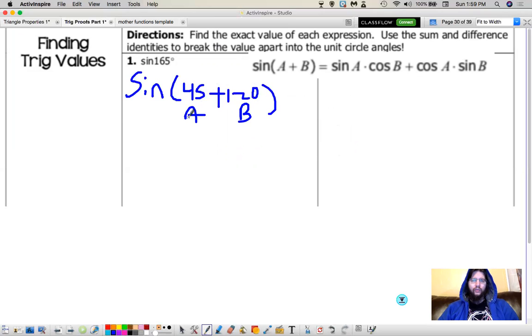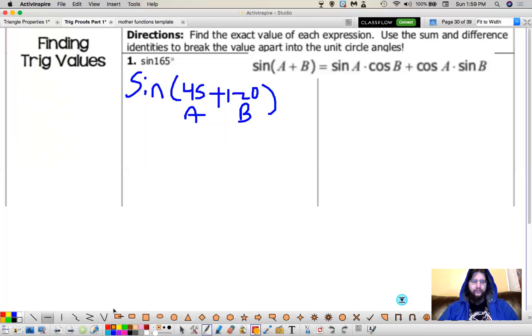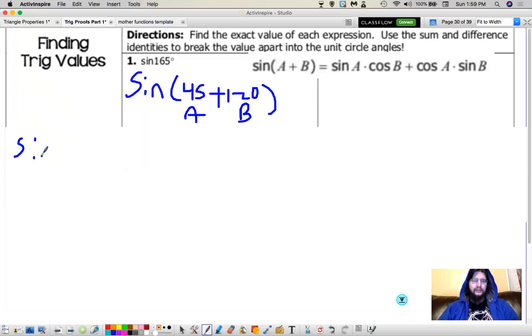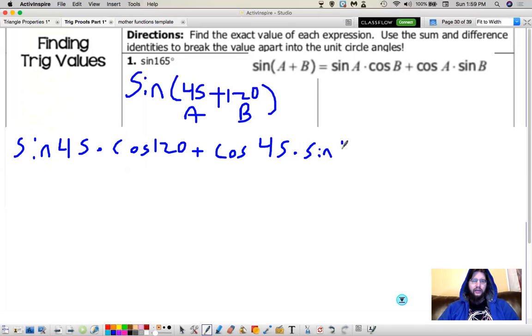So for sine of 45 plus 120, we're going to do sine of 45 times cosine of 120 plus cosine of 45 times sine of 120. That comes from right here, sine of A, cosine of B, plus cosine of A, sine of B.